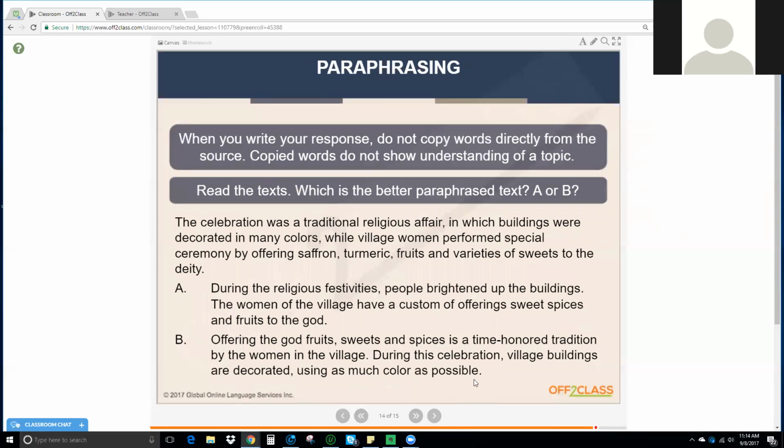Okay, not only is it plagiarism if you don't quote and give credit, it's also showing that you don't understand the topic. You need to be able to paraphrase and put things in your own words. So that's something that you will practice in the lessons, in the reading lessons.